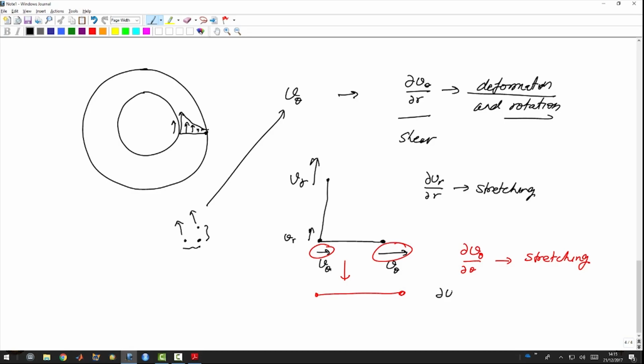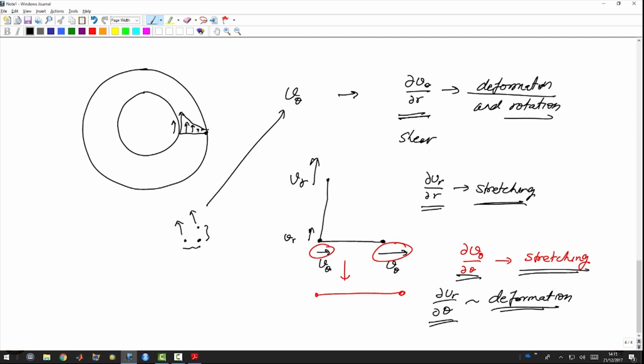Similarly, del Vr by del theta will tell us about deformation. So what we can see is r theta, theta theta, theta r. The diagonal components will tell us about stretching, and the off diagonal components will tell us about deformation.